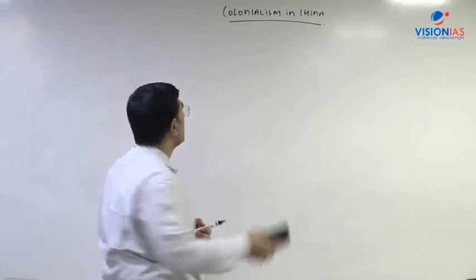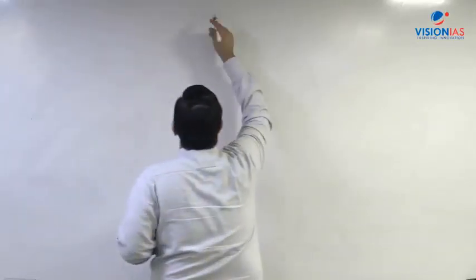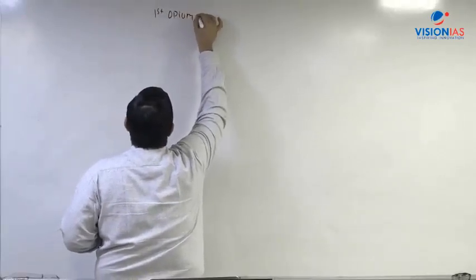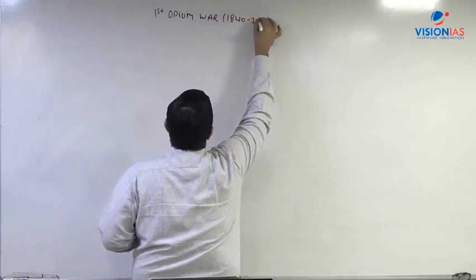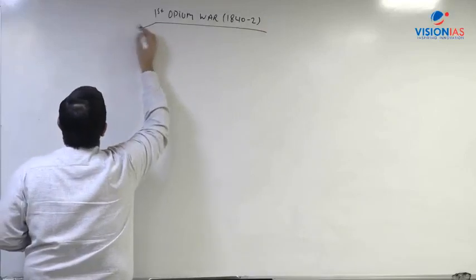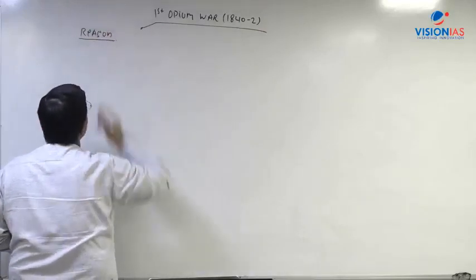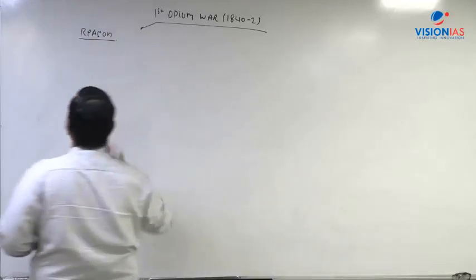Now we are discussing the topic of colonialism in China, and within it comes a topic which is known as your first Opium War. So I'll write down the reasons. After that, we will discuss, and then we'll move forward in that particular direction.